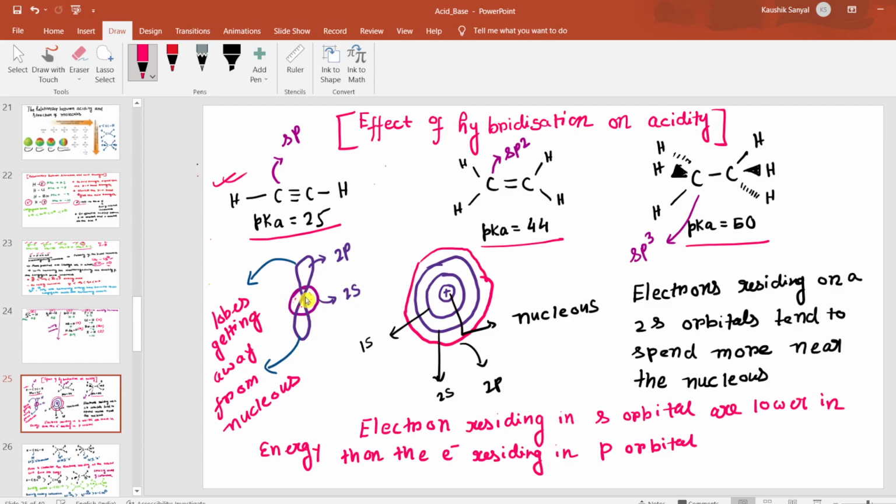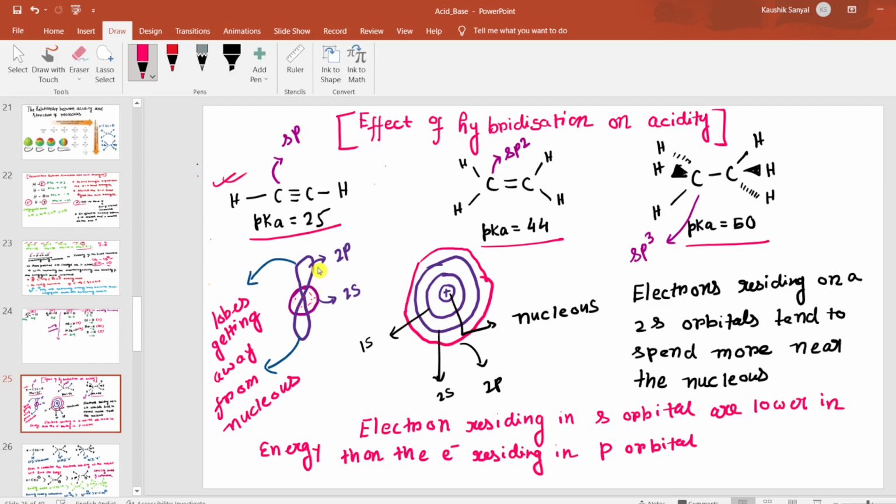On the other hand, in a p orbital there are two lobes that point outwards, getting away from the nucleus. So that's why the electrons residing in 2p orbitals are at a much higher distance from the nucleus than the electron residing in an s orbital.